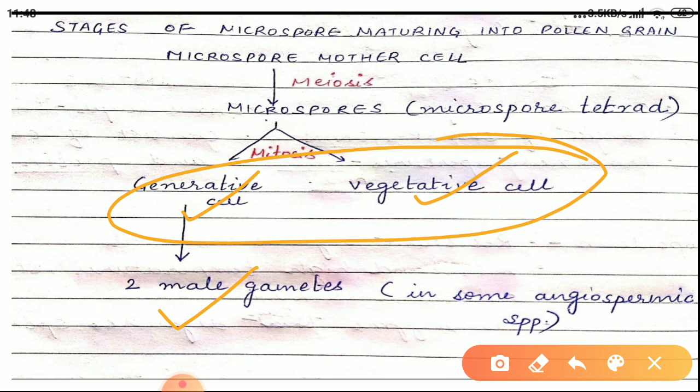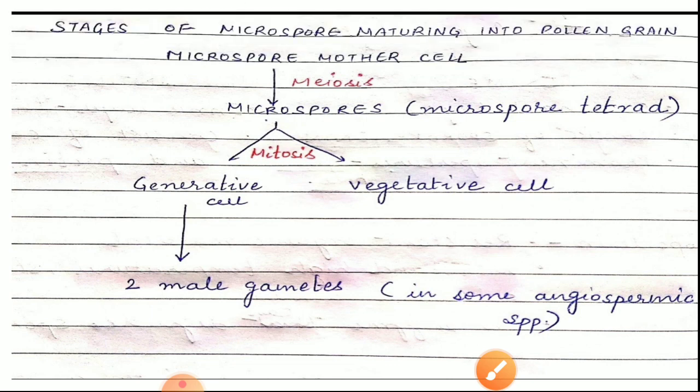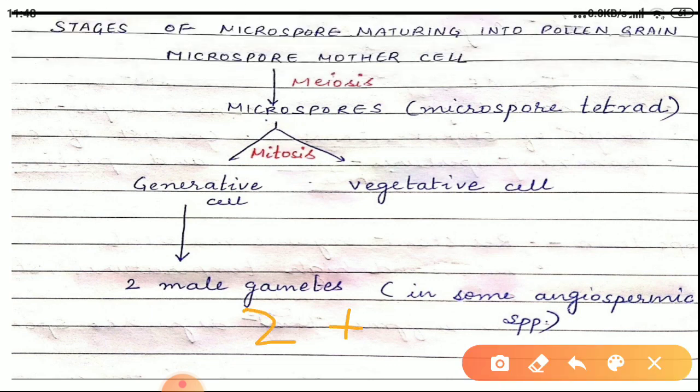So, two male gametes and one vegetative cell. So 2 plus 1 becomes 3. Clear? So that simply means that 2 male gametes plus 1 vegetative cell becomes 3. So this is called as three-celled stage.